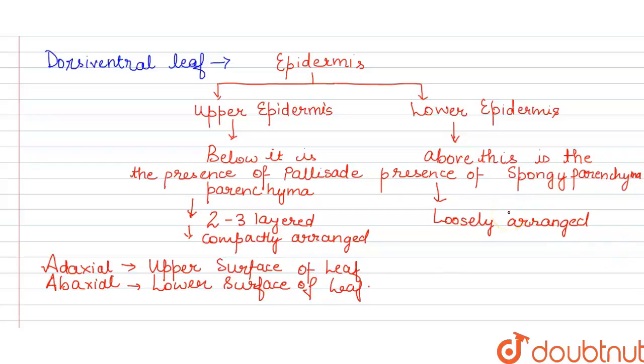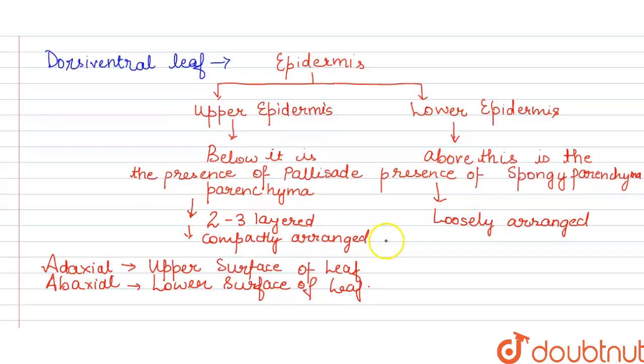Now when we come to the palisade parenchyma, where is this present? This is present on the upper surface of the leaf, as it is present below the upper epidermis.